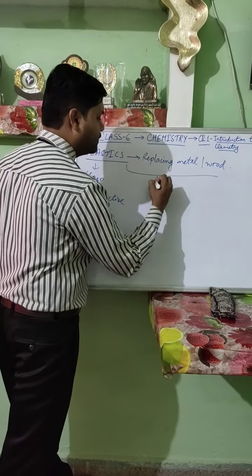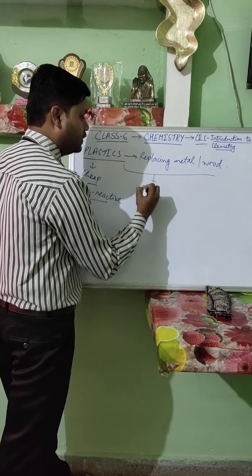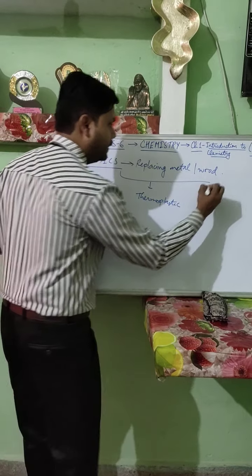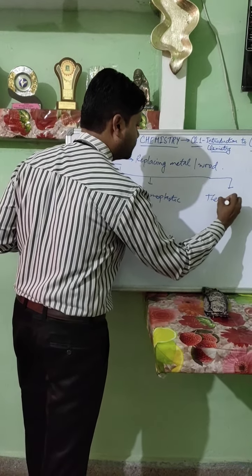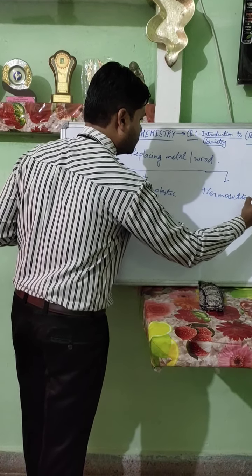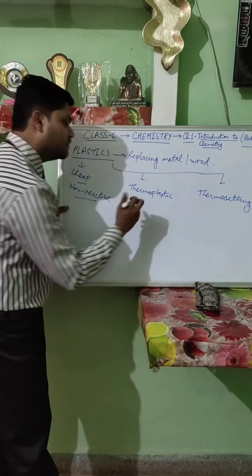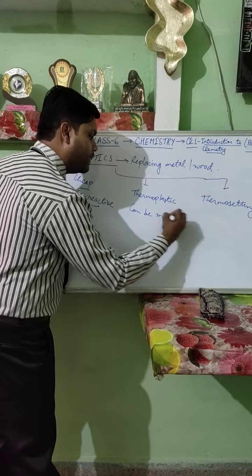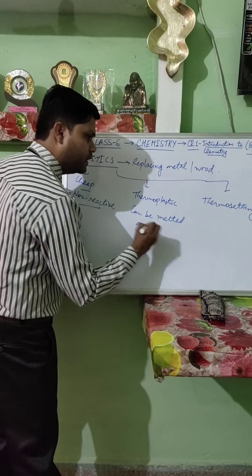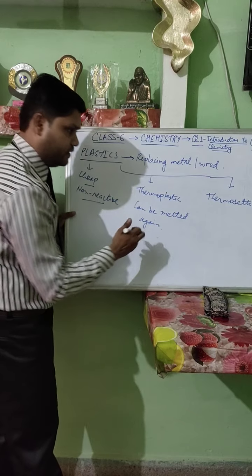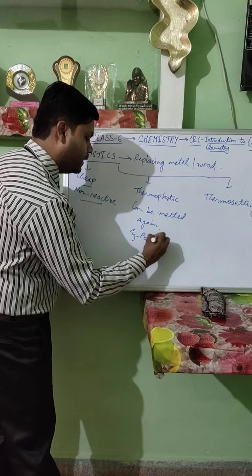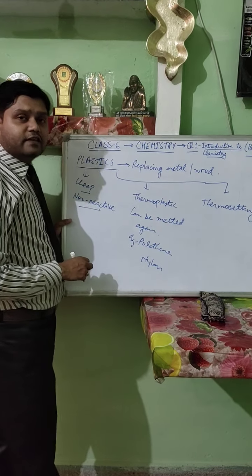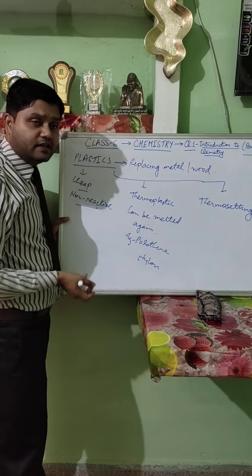There are mainly 2 types of plastics: thermoplastic and thermosetting plastic. Thermoplastics can be melted again and again for further usages to make new objects. For example, polythene and nylon. Those plastics can be recycled again and again.